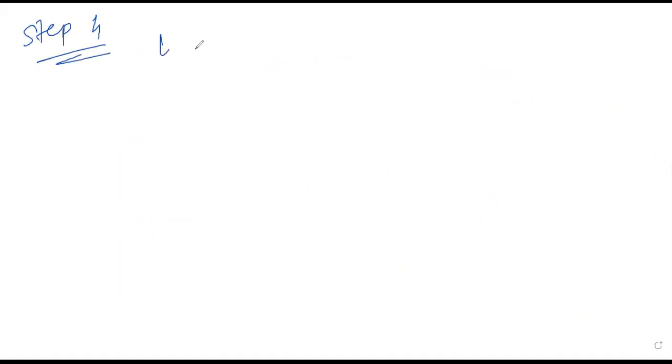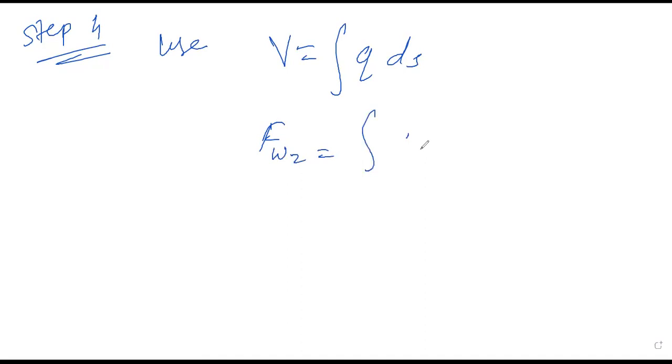Next, step number 4. Use the equation V is equal to integration of q into ds. So V is nothing but, now we will consider FW2, the force in that particular flange, equal to q into dy.